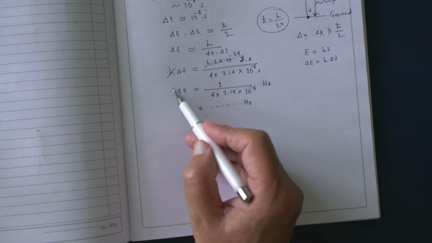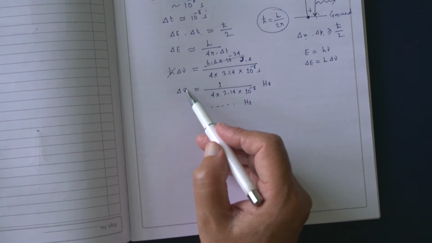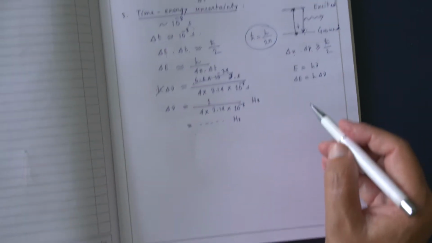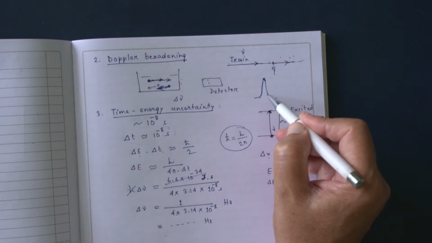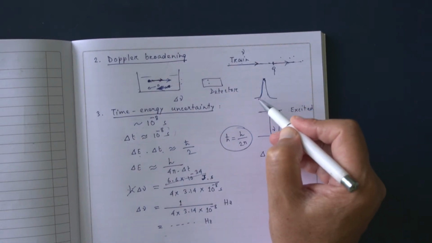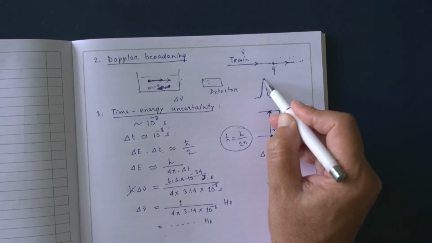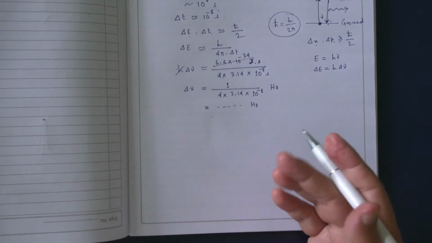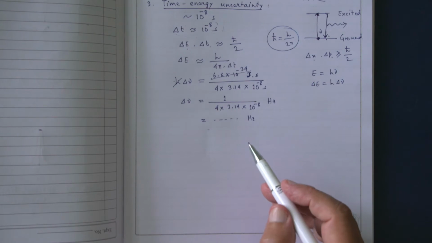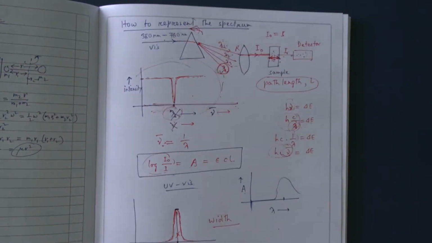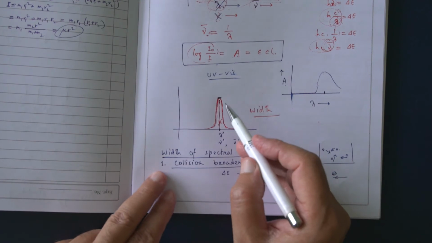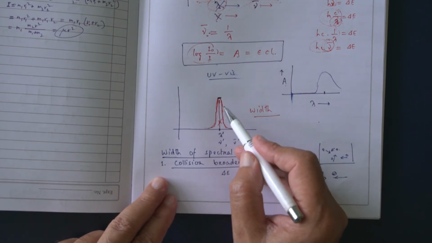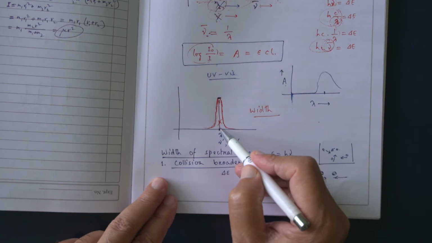So there is some uncertainty in frequency. Due to that, the spectrum becomes like this, not one line. There is width. Once again, just to repeat: since the molecule absorbs a particular wavelength or frequency, we should expect a line like this, but we do not get this.